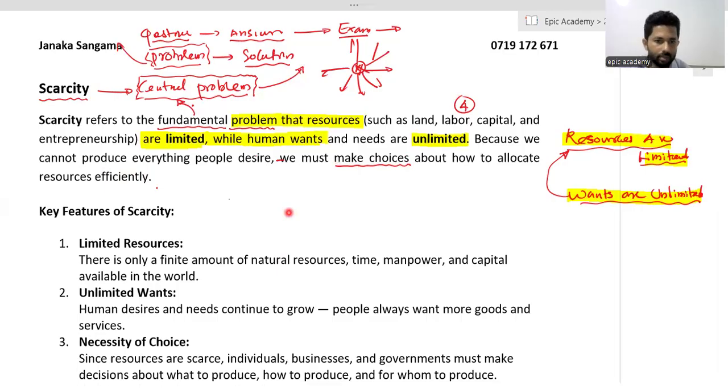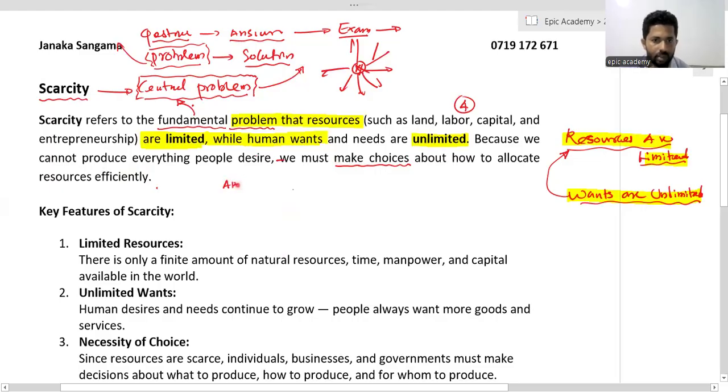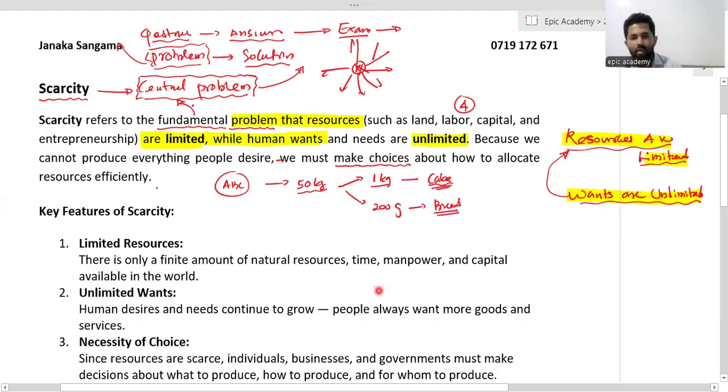As an example, just consider ABC company has only 50 kilograms of flour to produce cakes and breads. 1 kilo of flour is needed to create 1 cake. 200 grams of flour is needed to create a bread. So your production ability will be limited.